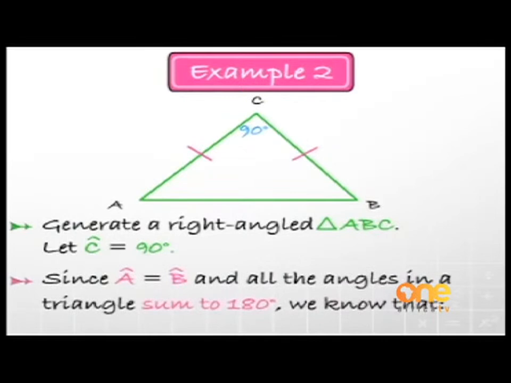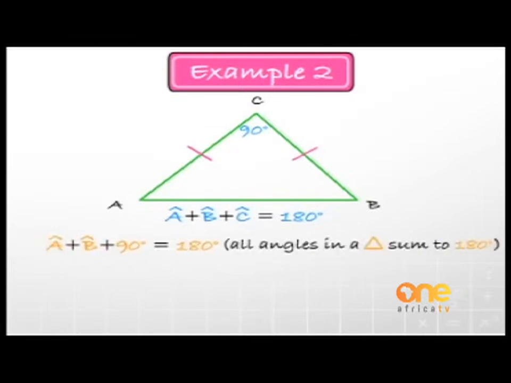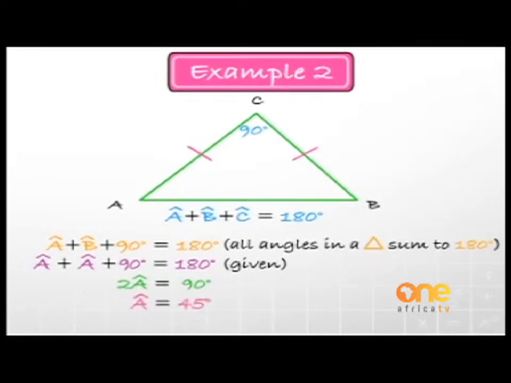Since angle A is equal to angle B and all angles in a triangle must sum to 180 degrees, angle A plus angle B plus angle C is equal to 180 degrees. This implies that angle A plus angle B plus 90 degrees is equal to 180 degrees, so 2 times angle A is equal to 90 degrees, which implies that angle A is equal to 45 degrees.